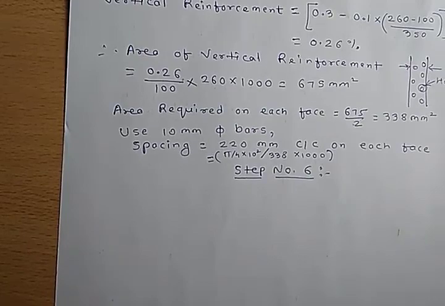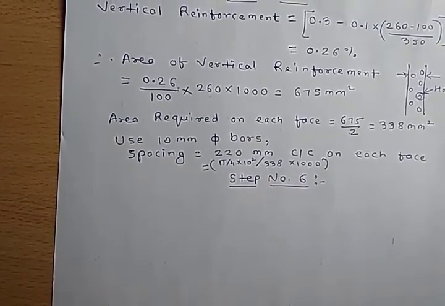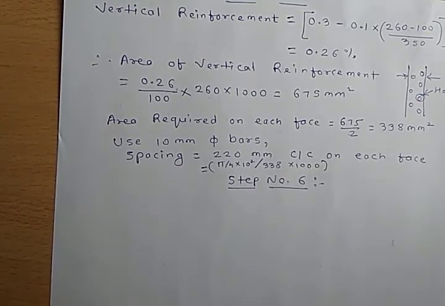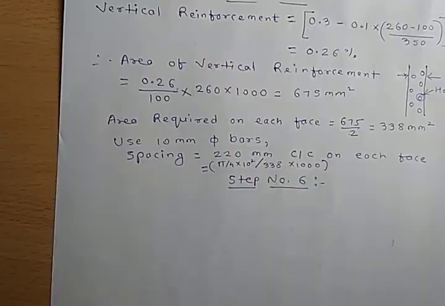And in the next step, we will be calculating main reinforcement at the different depth, as well as the reinforcement at the base slab. Okay, that we will be doing in the next video. Thank you.